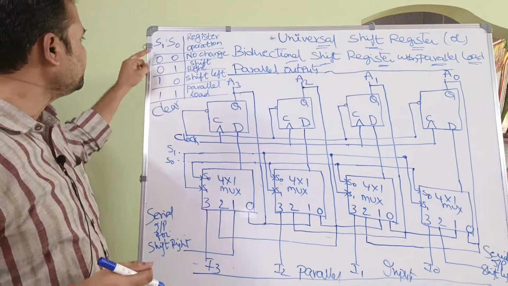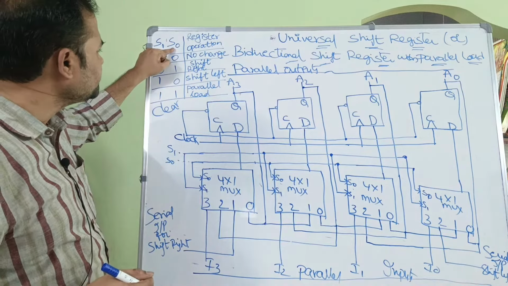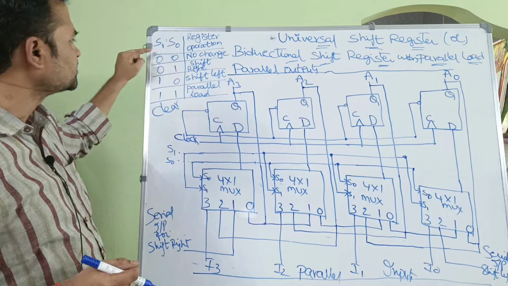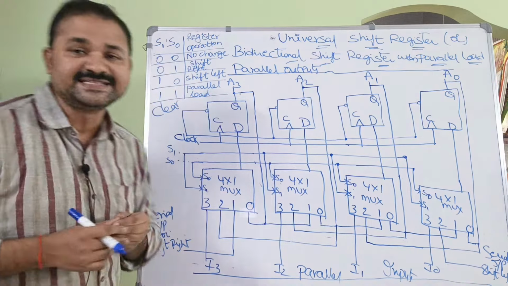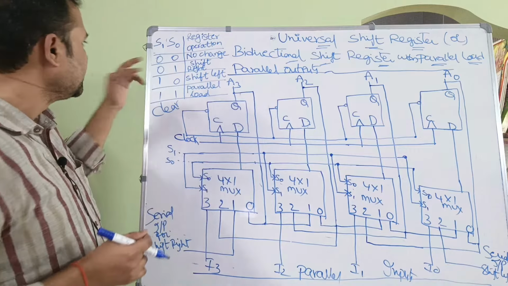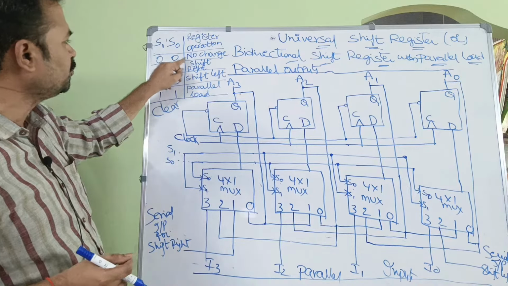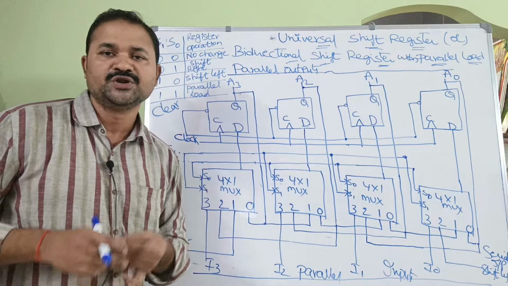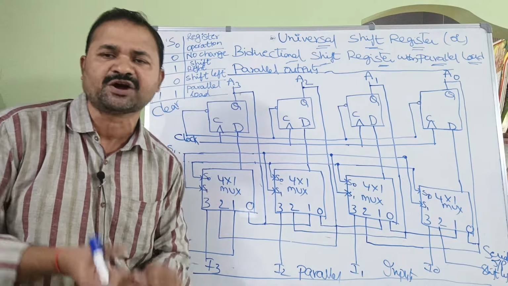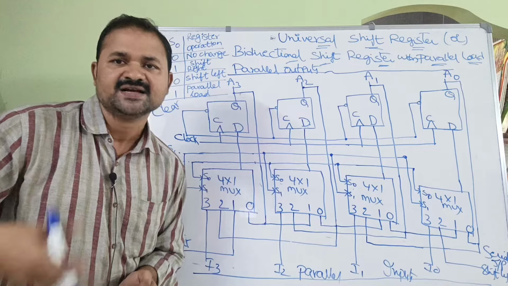Here in the functional table we have selection inputs or control inputs S1, S0, and this column represents register operations. If the selection inputs are 0, 0, then the register operation is no change. No change in the register output, it is just like the previous output.